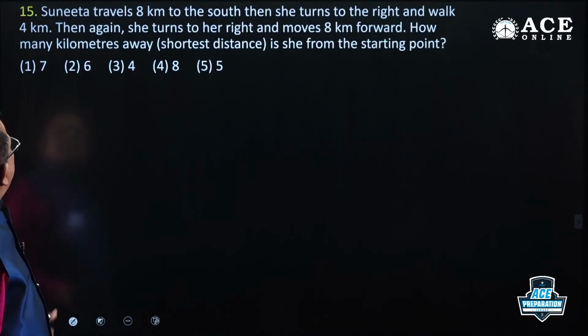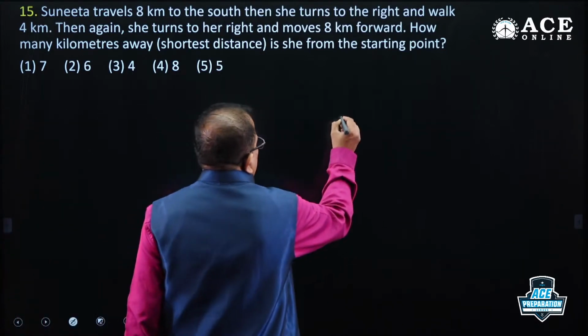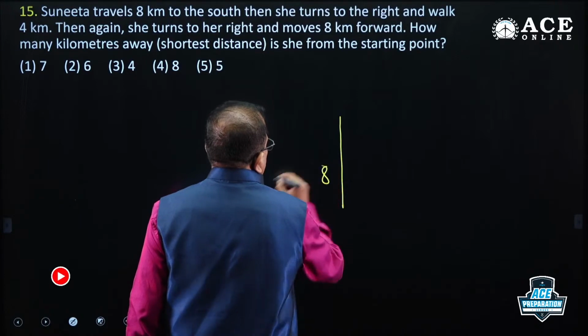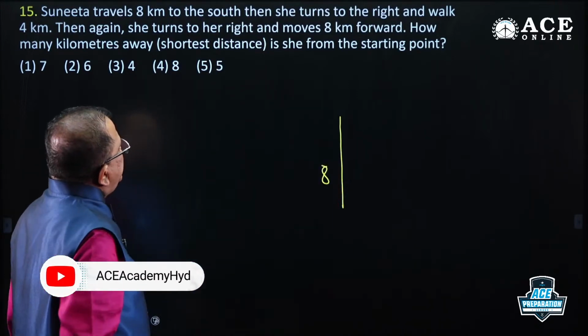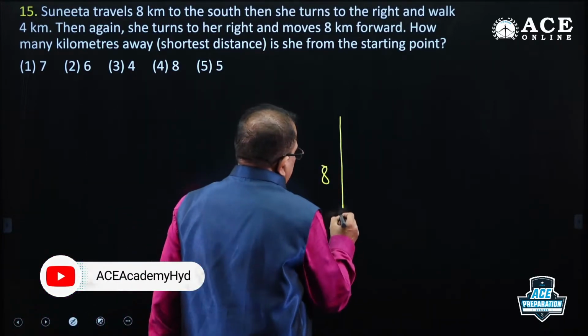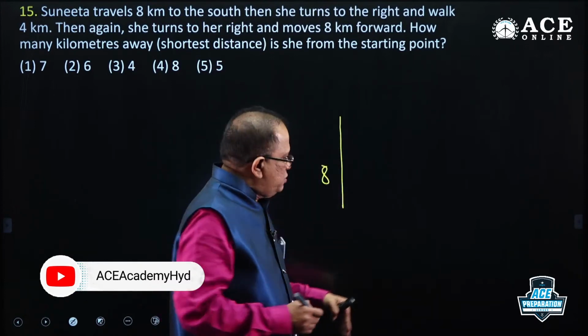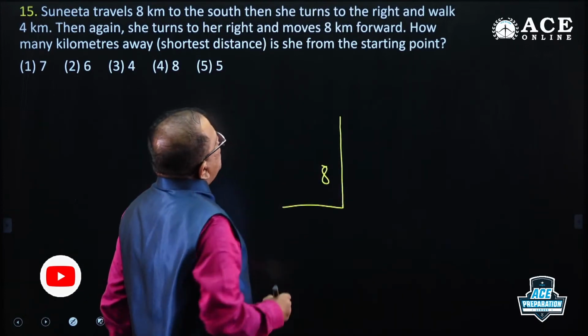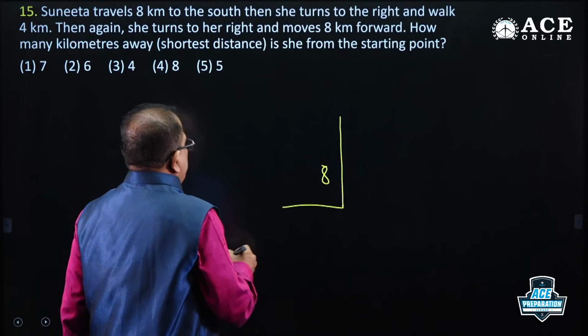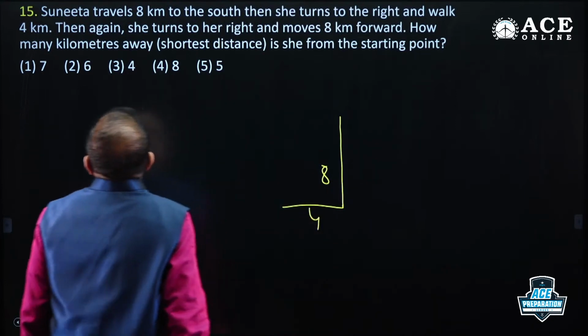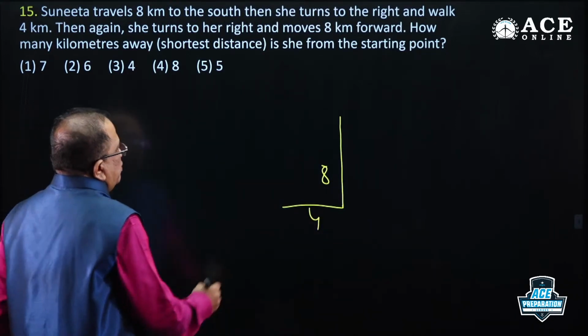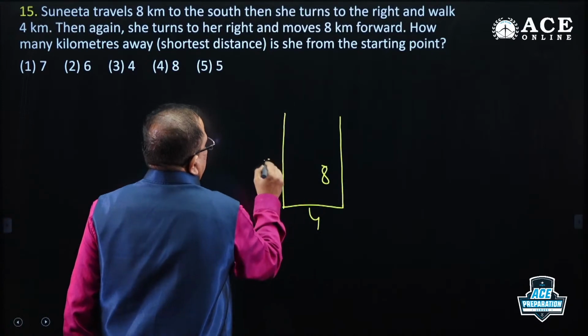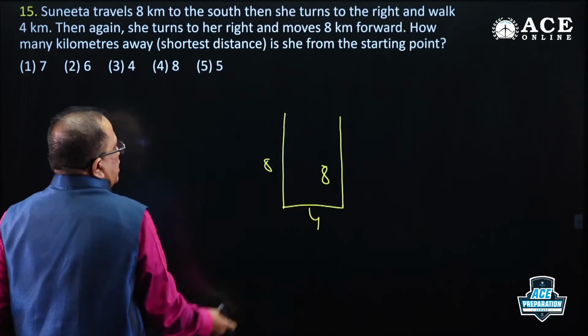Okay, question number 15. Sunita travels 8 kilometers to the south. When she turns to right, when she's coming from north to south, and walks for 4 kilometers. Then again she turns to right and moves 8 kilometers. 8, right angle, 4.